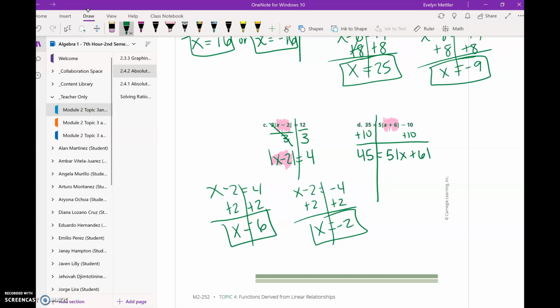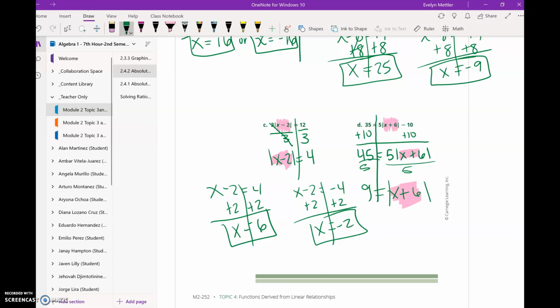So 45 equals 5 times the absolute value of x plus 6. This is not alone yet. There's still a 5 out in front. You can't distribute, so why don't you divide? So 9 equals the absolute value of x plus 6.